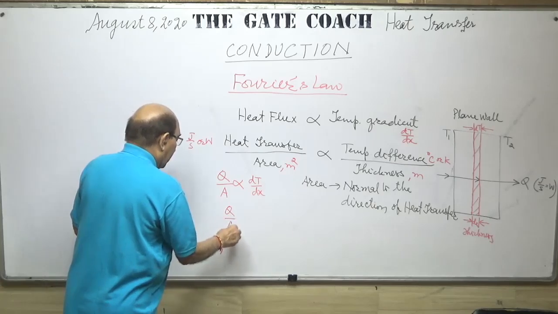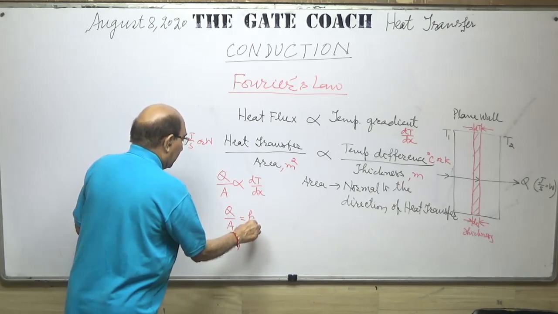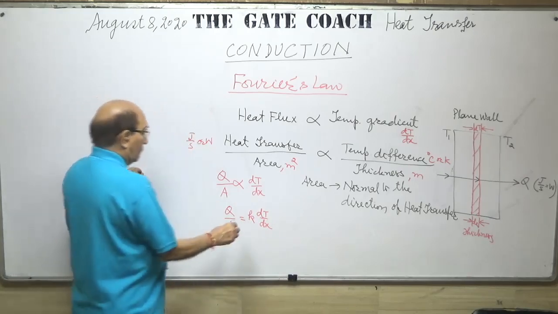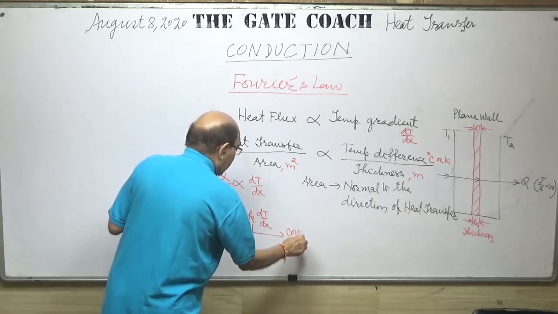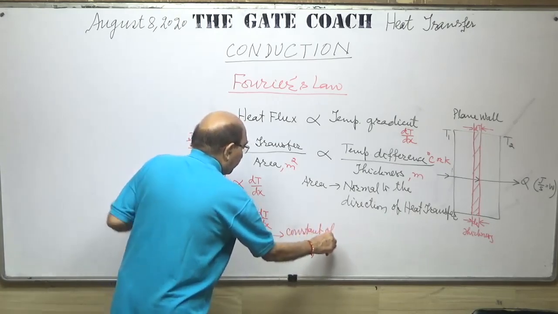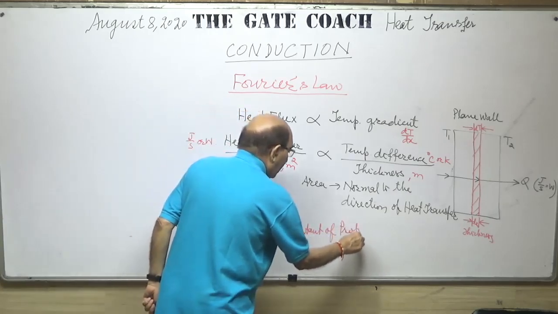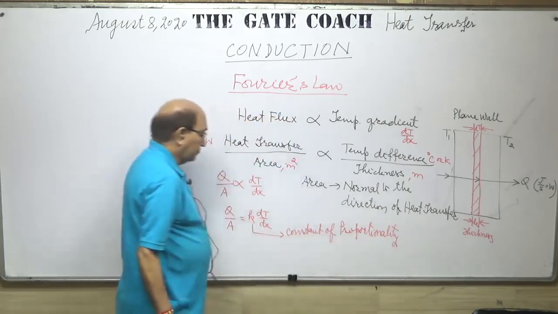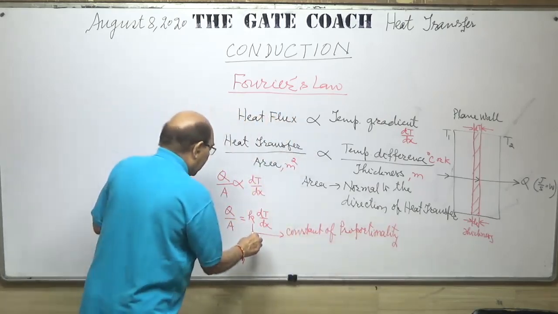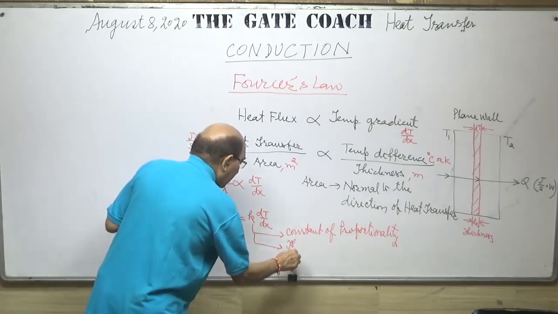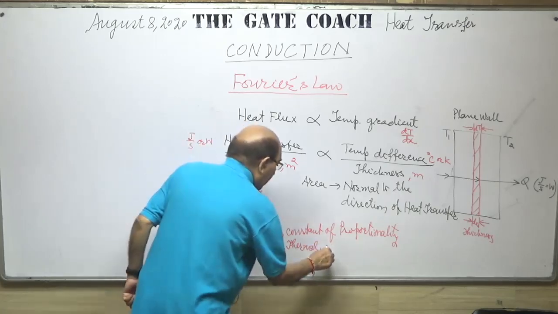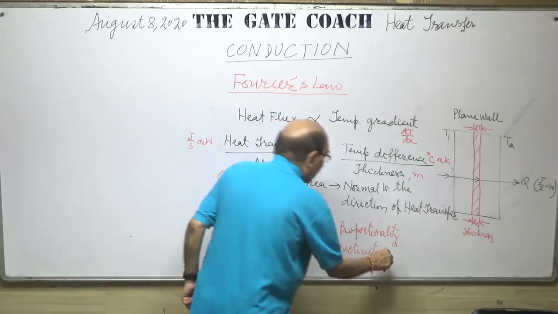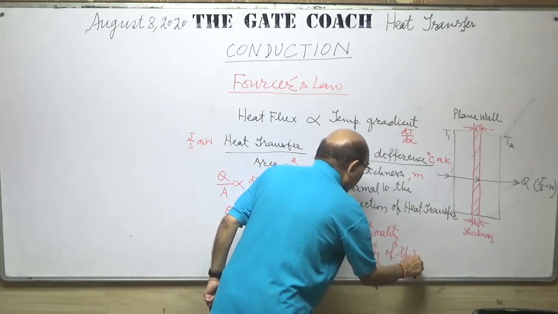And Q upon A can be written as K dT by dx, where K is the constant of proportionality and is called as thermal conductivity of the material.